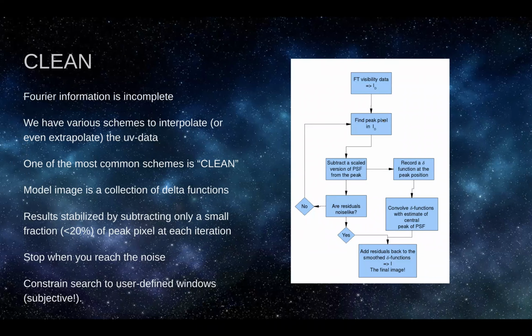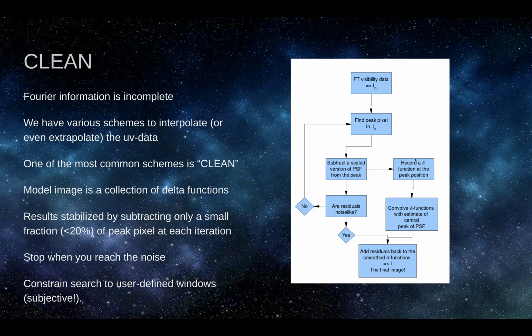What we're doing is adding lots of these delta functions to the map, trying to make a model, and then subtracting a scaled version of it using the PSF. We're trying to actually improve the PSF, so we want a better beam with the sidelobes suppressed. We'll talk a little bit about that in a second. Then we record a delta function at the peak position, and we convolve these delta functions with the estimate of the central PSF.